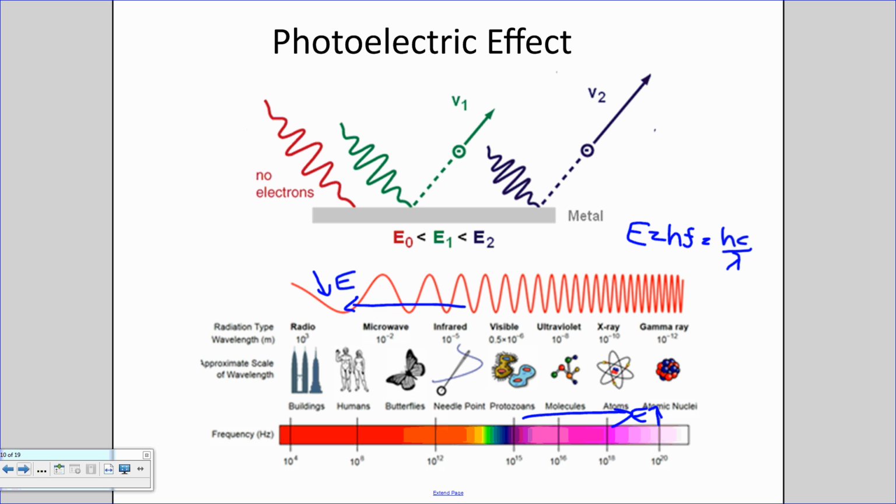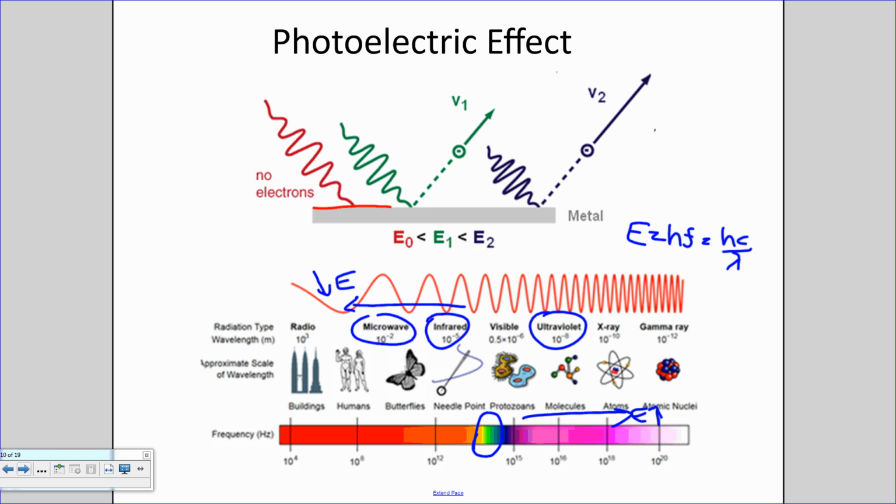Okay? So if we look at the visible light spectrum, red has less energy than green or blue. Blue has the most. Okay? Ultraviolet light has more energy than infrared or microwaves. Okay? So, photoelectric effect. In order to knock those electrons free, it takes a certain amount of energy. So, if I shined red light onto a surface, maybe nothing would happen.